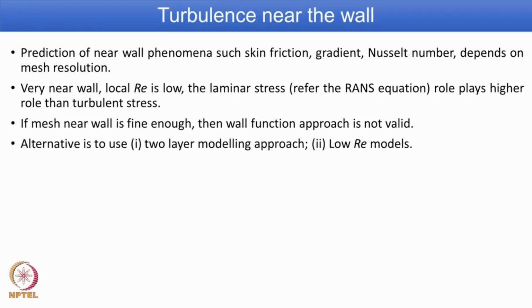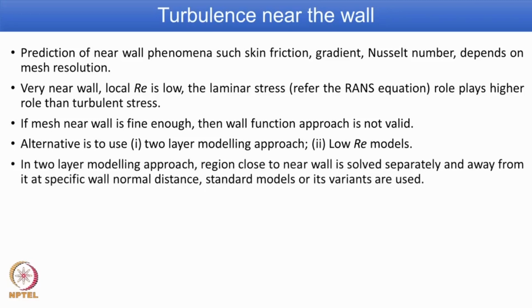You have alternatives: one, you can go for a 2 layer approach; the other, you can go for low Re models. In the 2 layer modeling approach, the region very close to the wall is solved separately, either empirically or by following a one equation model or any other relationship.